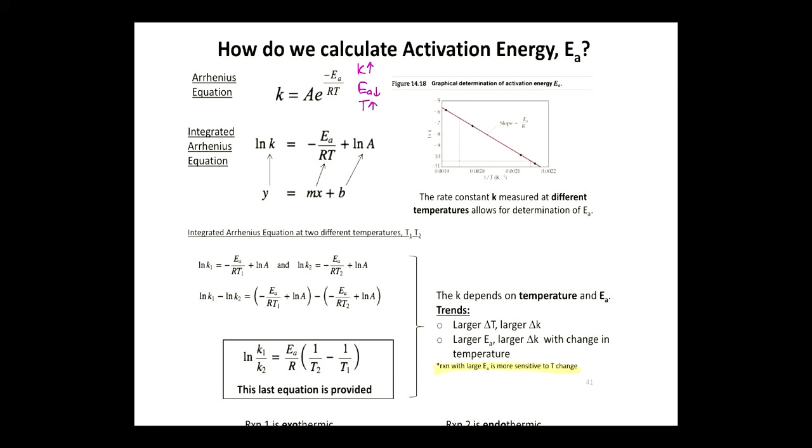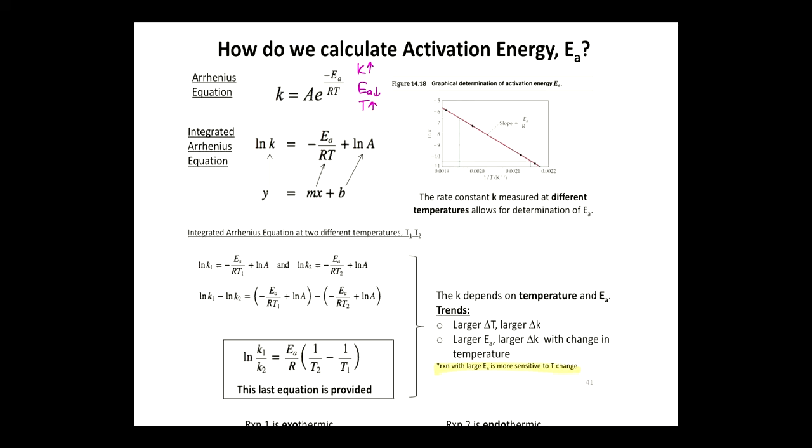So how can we actually calculate important aspects using the Arrhenius equation? Instead, we will use what I like to call the two-point Arrhenius equation, or the integrated Arrhenius equation, where we can look at a reaction done at different temperatures.